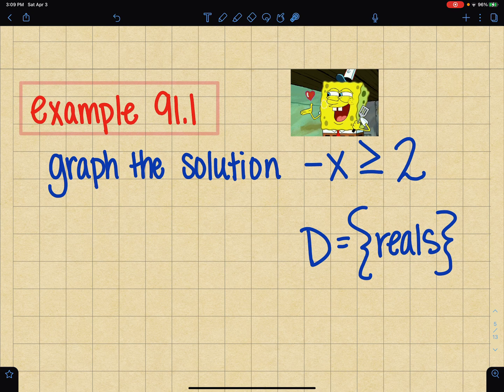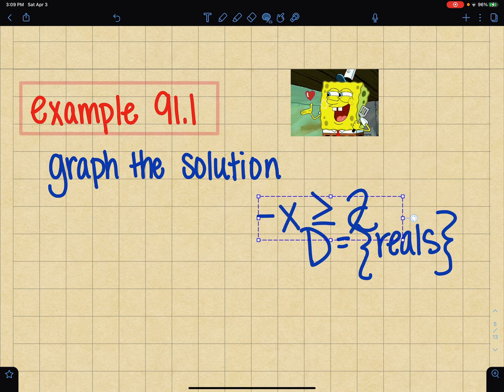We're going to do an example. Example 91.1, this is on page 379, and it says, graph the solution to this inequality. Okay, the first thing we have to do is solve the inequality, so it's not negative x on one side. You want it to just be x on one side. They also give you the domain.